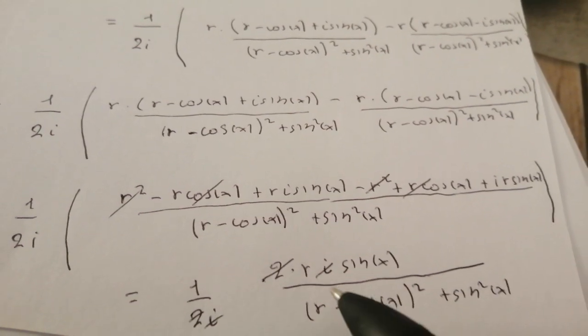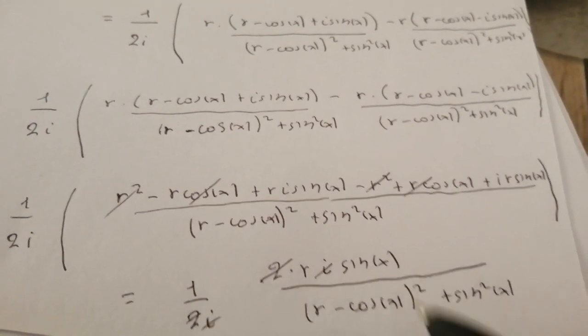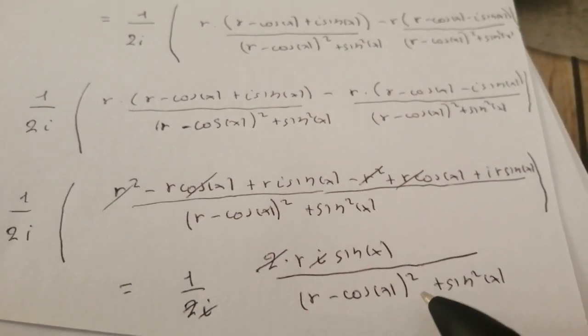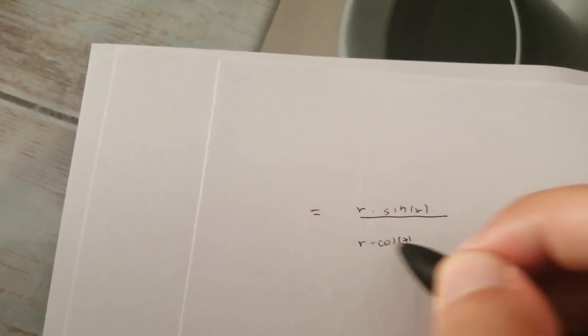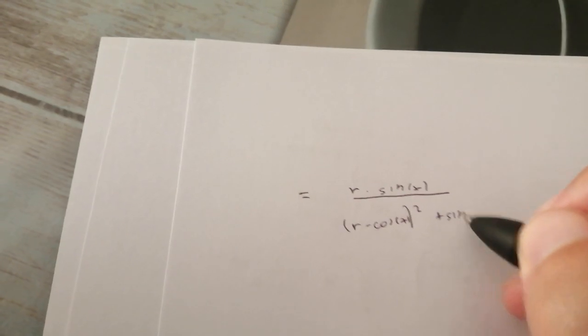So we have r sin x in the numerator and (r minus cos x) all of it squared plus sine squared of x. So this is r times sine of x over (r minus cos x) squared plus sine squared of x.